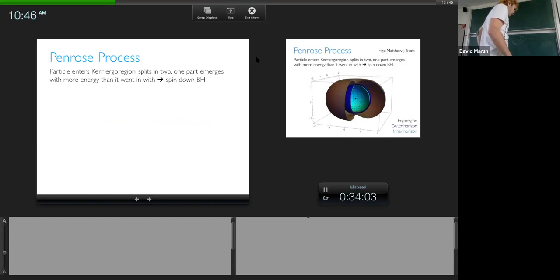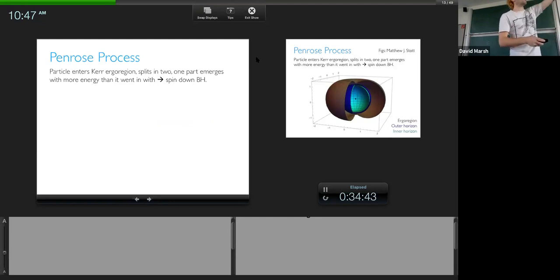So, okay, we need to start with the Penrose process. This refers to an enhancement of energy that you can gain from a particle if you send it near to a Kerr black hole. The particle goes into the Kerr ergo region, and if the particle is moving faster than the rotational velocity of the metric field inside the ergo region, the particle splits into two: one of the parts falls into the black hole itself, into the event horizon, and the other one leaves.